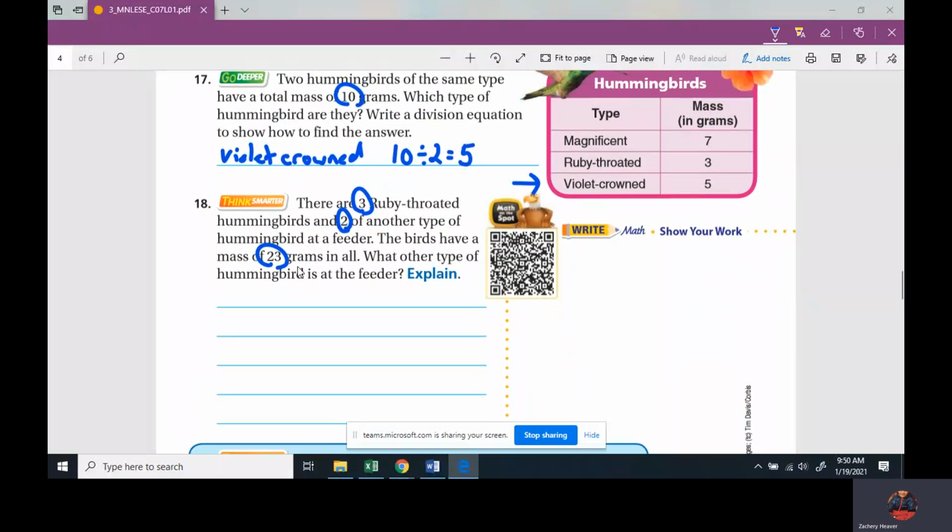How much do they weigh? 3. So we have 3 ruby-throated that are 3 grams apiece. What does that equal? What number?